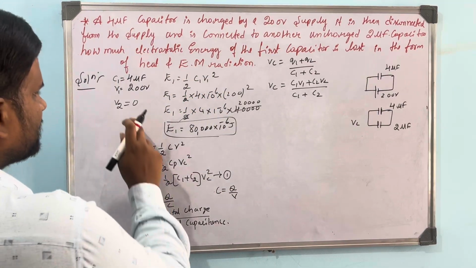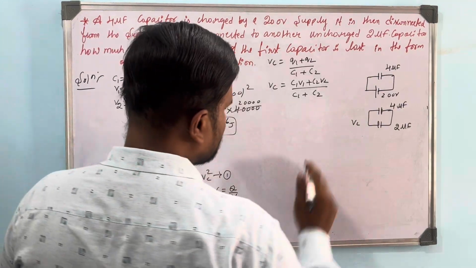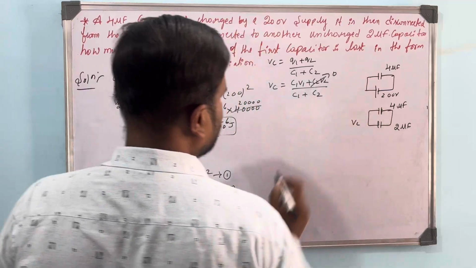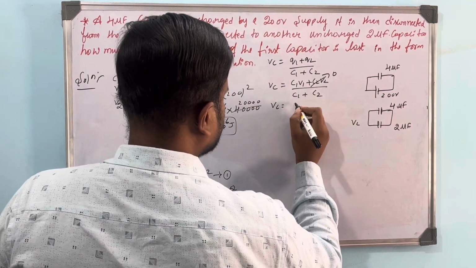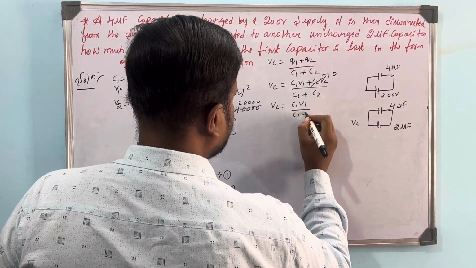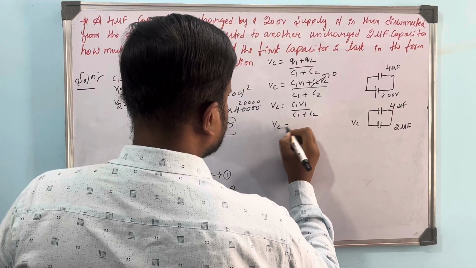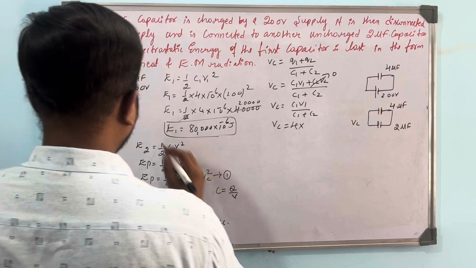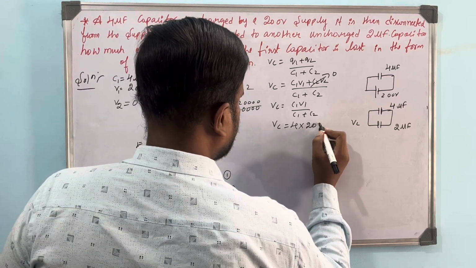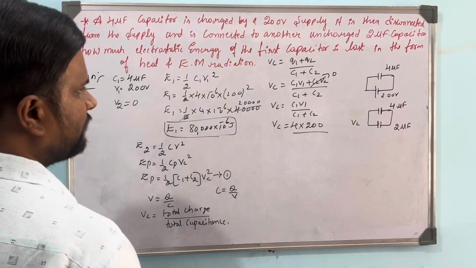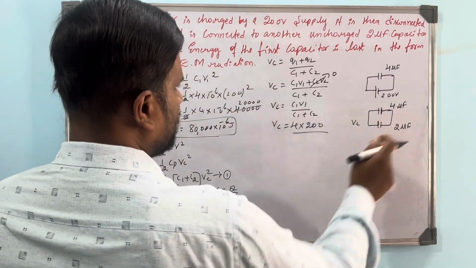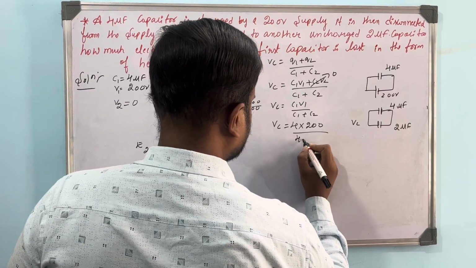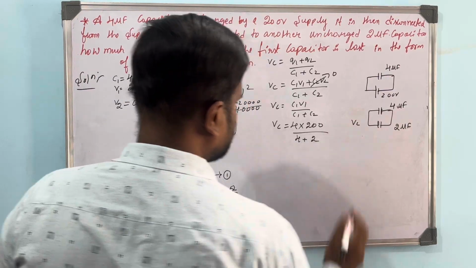But the value of V2 is 0, so that term becomes 0, and Vc is equal to C1 V1 divided by C1 plus C2. C1 is 4 and V1 is 200, divided by 4 plus 2.